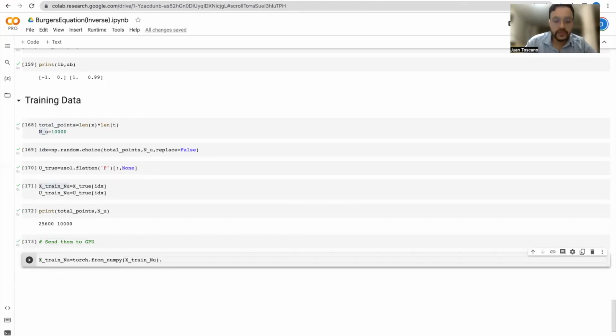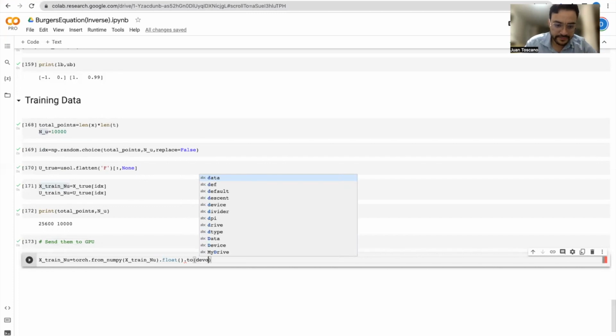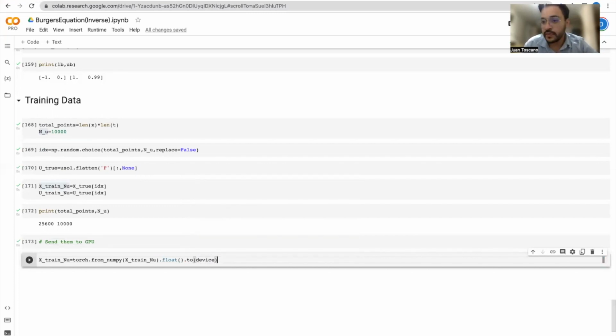We will transform that to a floating number, and then we will send them to our device. We're making the tensor because remember, we need these tensors to work in PyTorch.